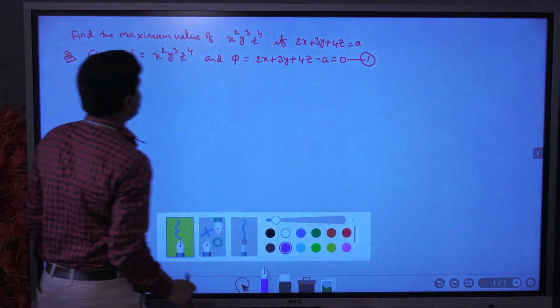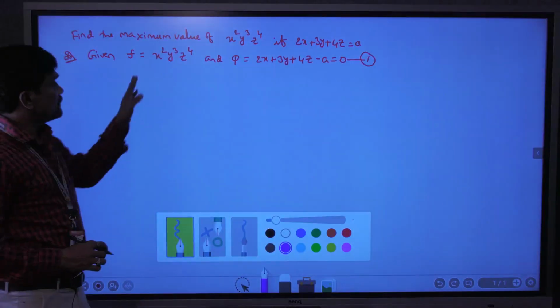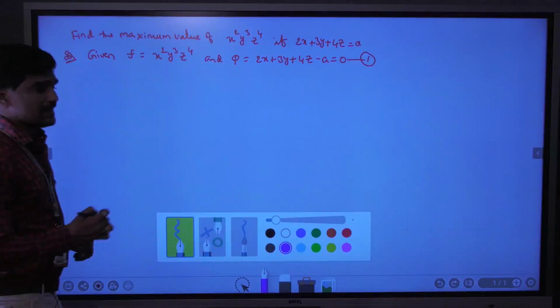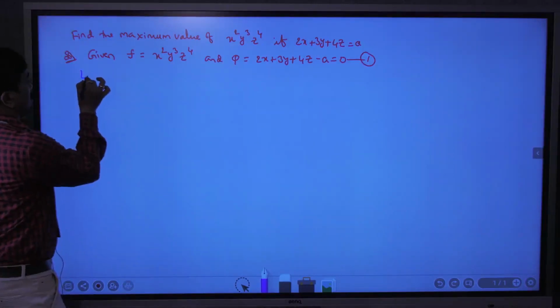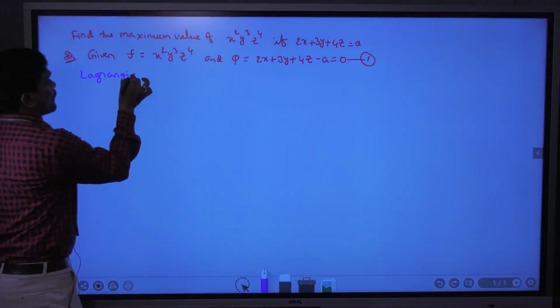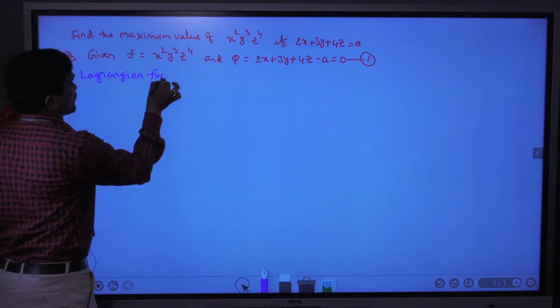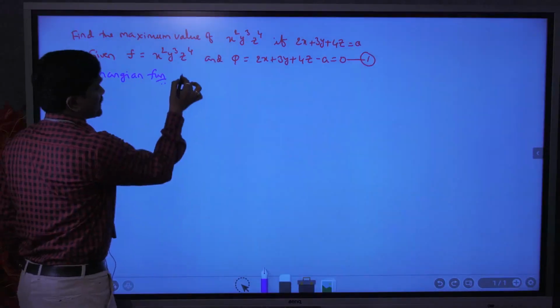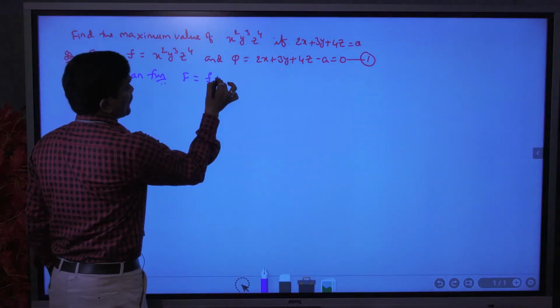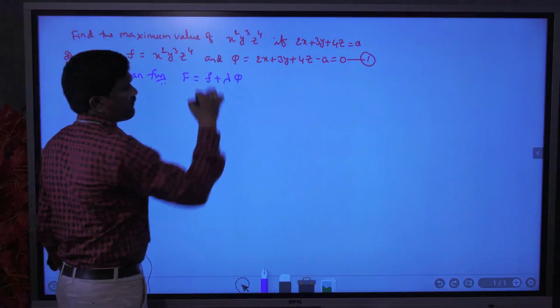So next, these are the given functions f and phi. Now first write the Lagrangian function. The Lagrangian function can be taken as capital F is equal to small f plus lambda phi.